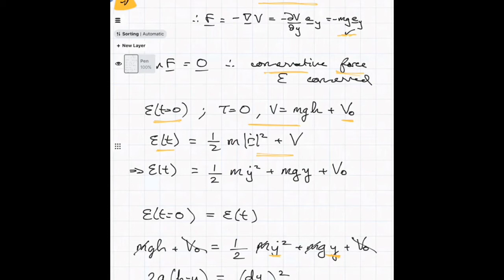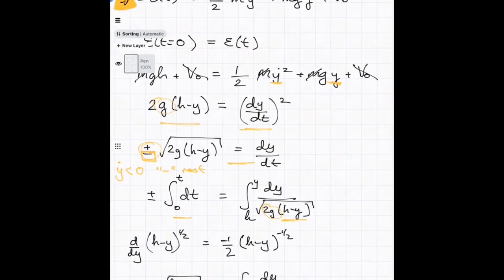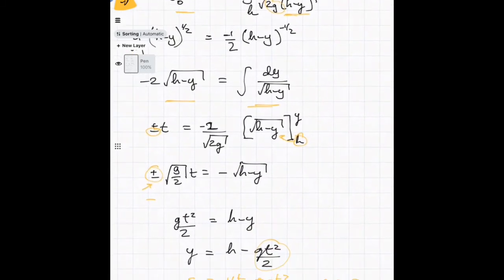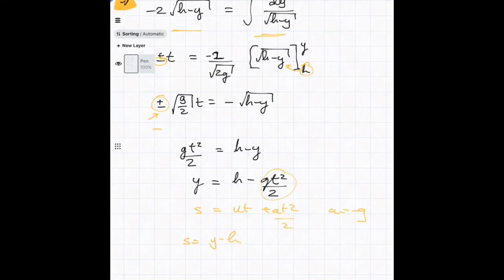So we equate these two sides together, and we get an equation which relates the speed to the position and acceleration. And we can write this as an ODE, and we can solve this ODE just using methods from the second year. And when we did that, we got an equation which relates time to displacement as well as acceleration, and rearranging that we got how the coordinate depends on time.